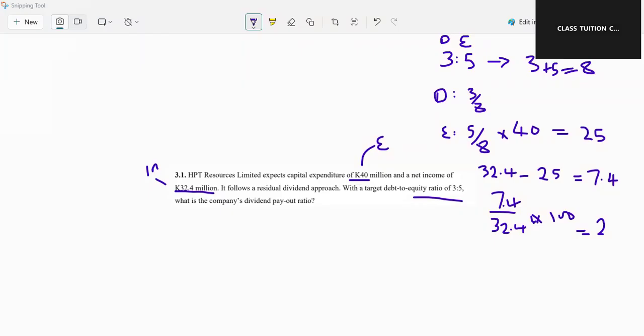In simplicity, HPT Resources made 32.4 million profit, but it cannot pay all of it because first it needs to invest in the business.